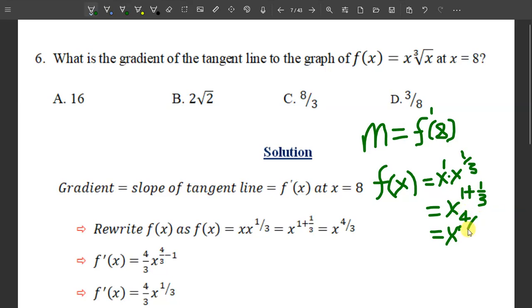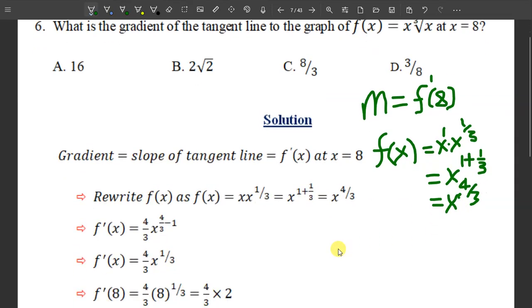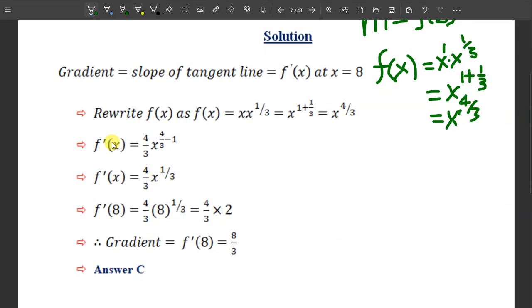Now, apply the rule of derivative. Instead of differentiating using the product rule, it is better to differentiate this rewritten function. Here, we rewrite the function as x to the power of 4 over 3. And then bring 4 over 3 here.